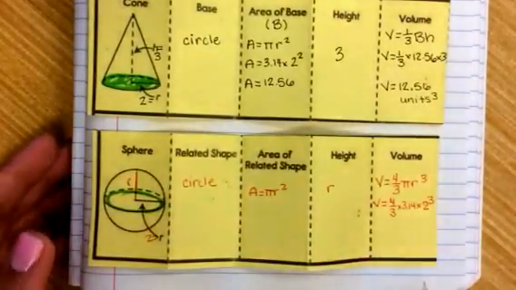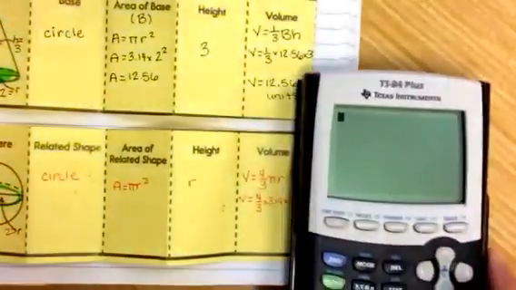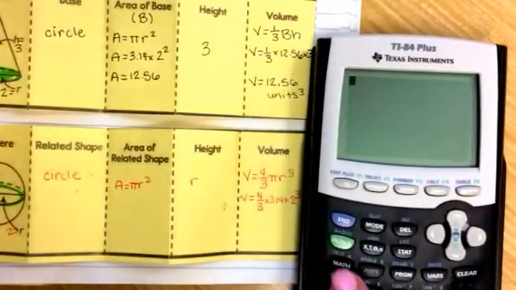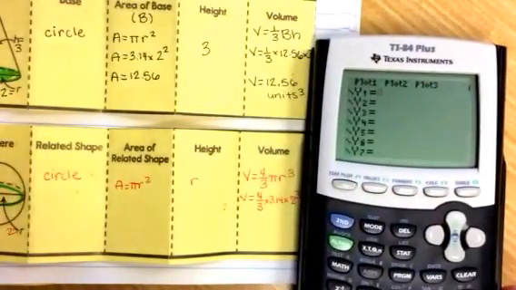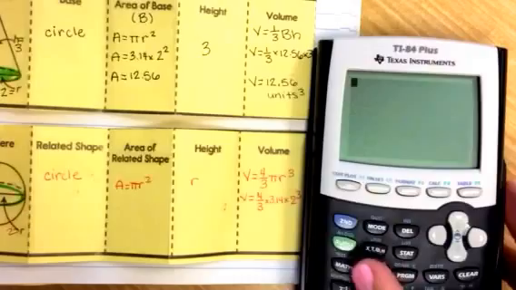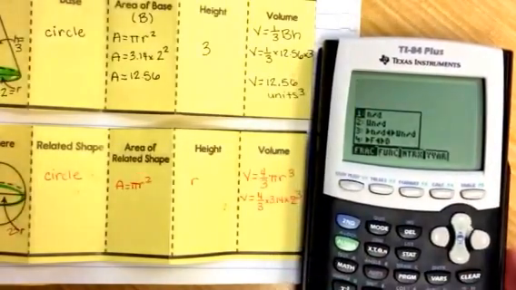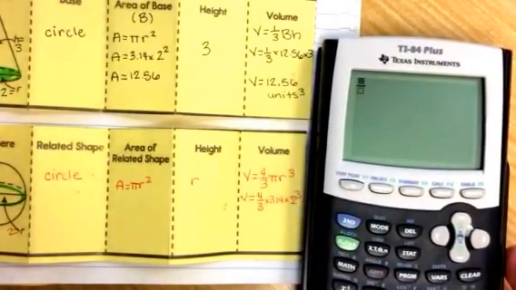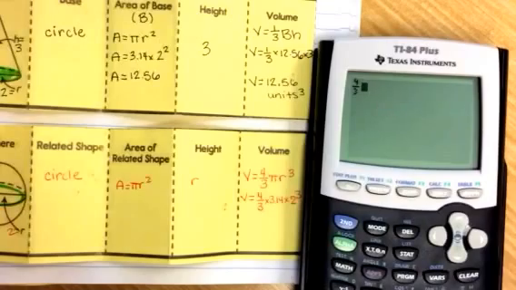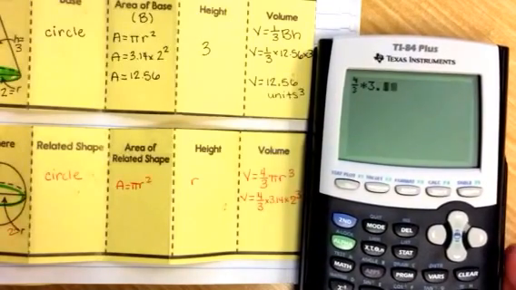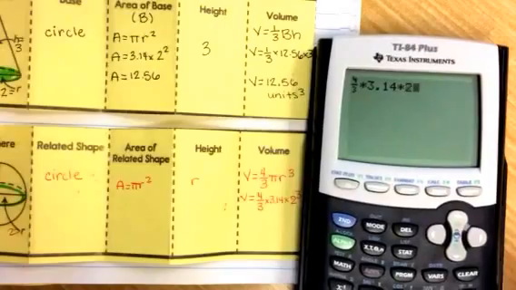Okay, so let's go over what that would look like in your calculator. You're going to do alpha, y equals. And you're going to type in your 4/3 times your 3.14 times the radius, which is 2.